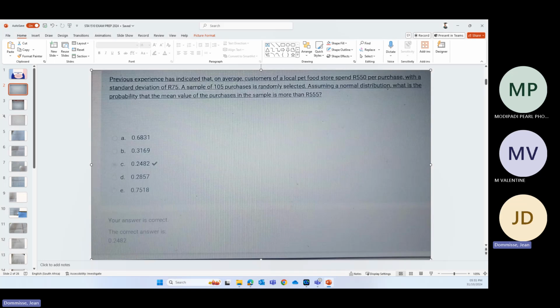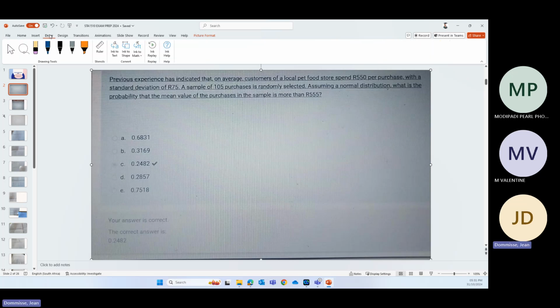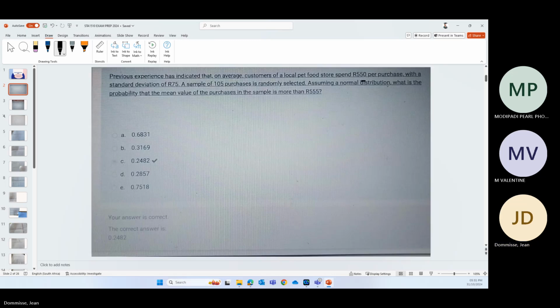Okay, so the first one that we look at here says: previous experience has indicated that on average customers of a local pet store spend 550 per purchase with a standard deviation of 75.